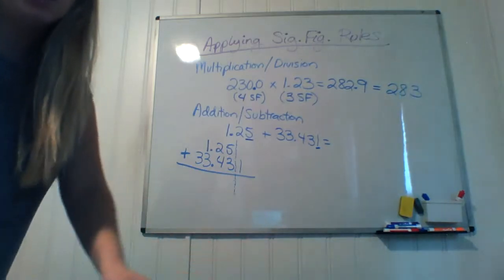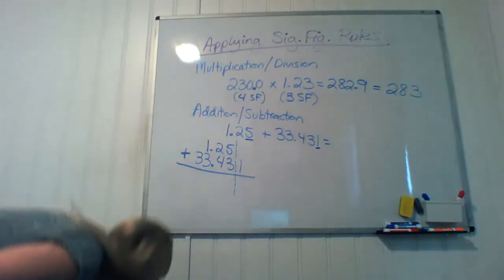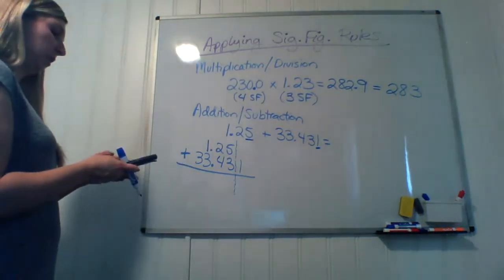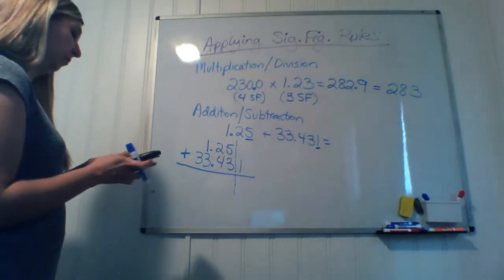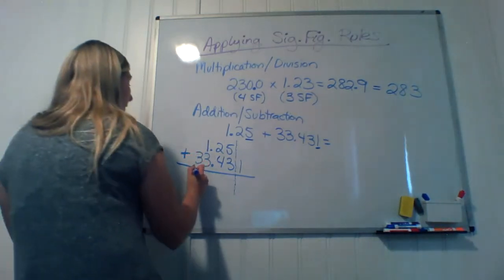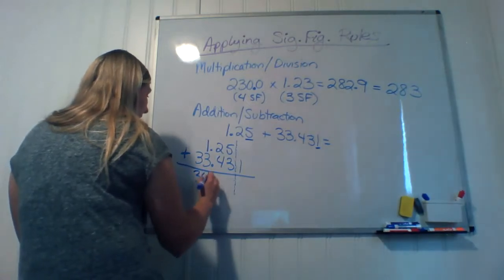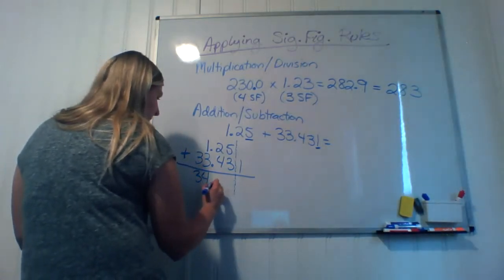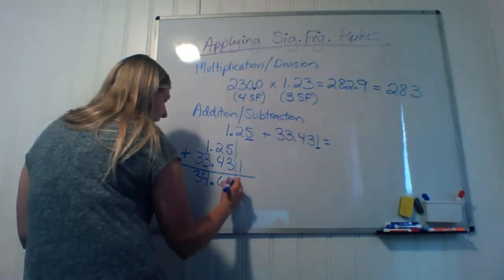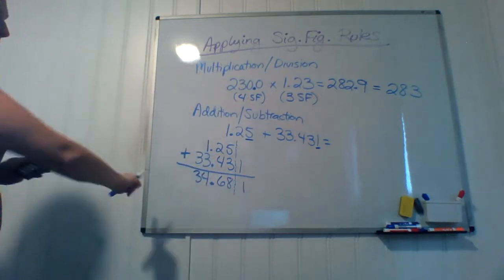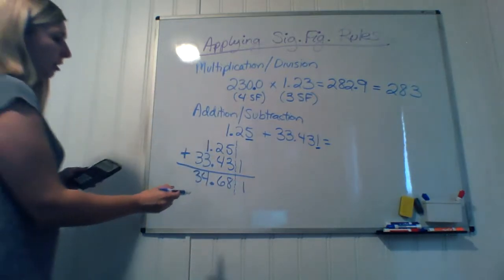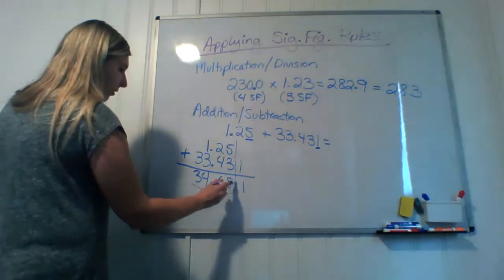You can do it in your calculator or you can do it in your head. Okay. So when we do it in the calculator, what you would get is 34.681.